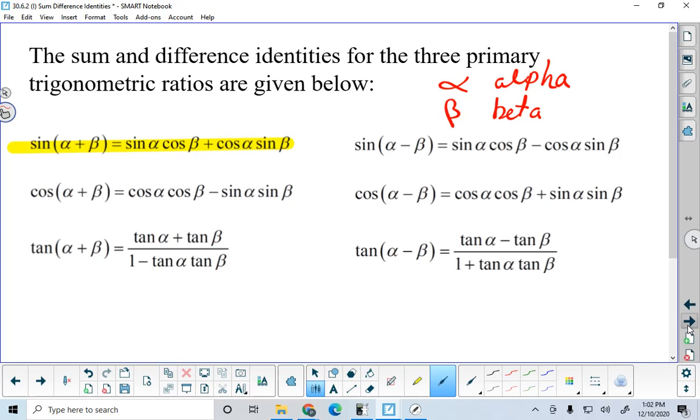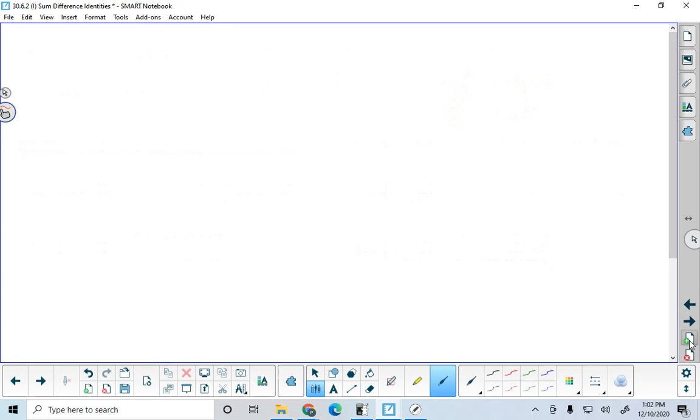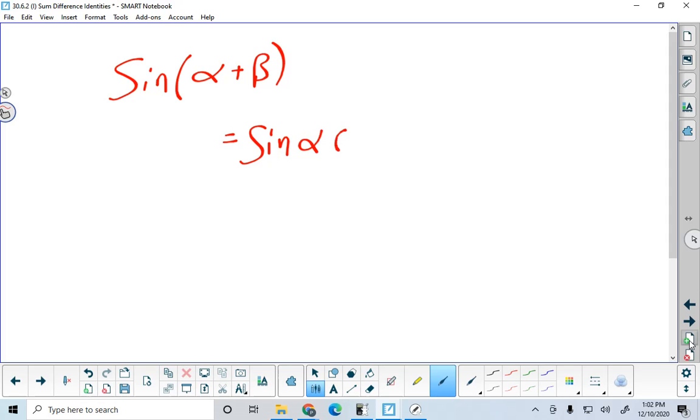And don't worry right now about why it's important. I've just told you that sine of alpha plus beta is the same as sine of alpha times cosine of beta plus cosine of alpha times sine of beta.